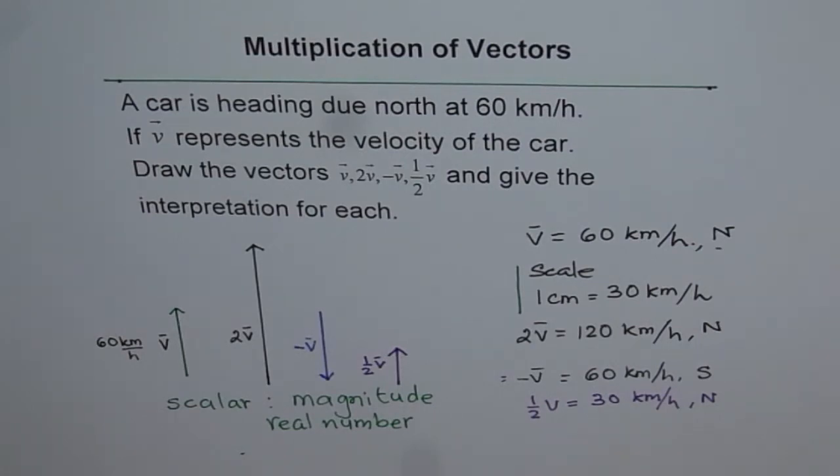The result of a scalar multiplication of a vector is always a vector, because when we multiply by a real number, the vector does have a direction and magnitude, right? So this is all we have learned about multiplication of vectors. And we'll apply this knowledge in solving some problems soon. Thanks and all the best.